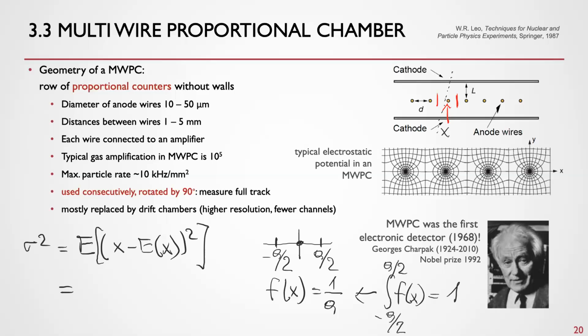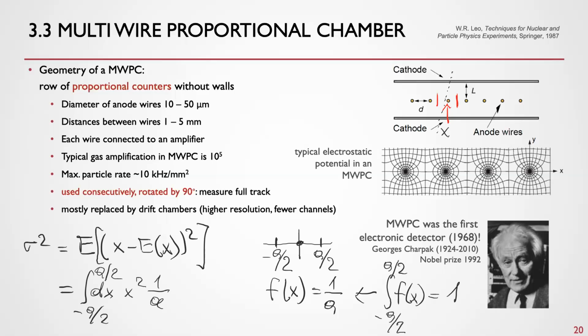Now, if you compute that for the uniform distribution with a parameter value of 1 over a, you get an integral from minus a half to plus a half dx of x squared times 1 over a.